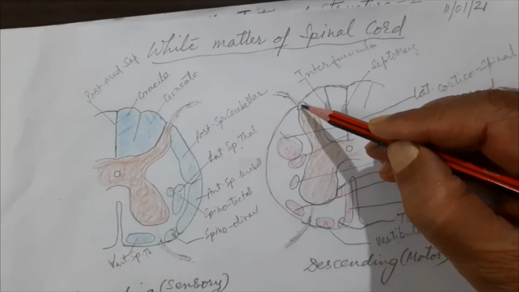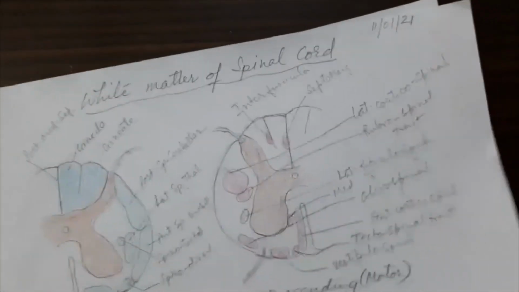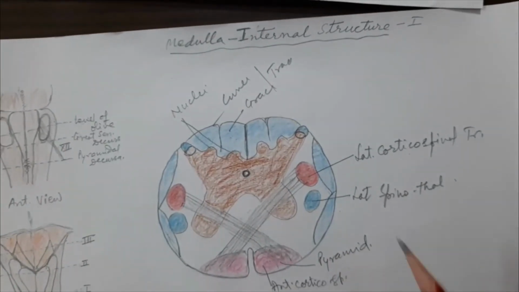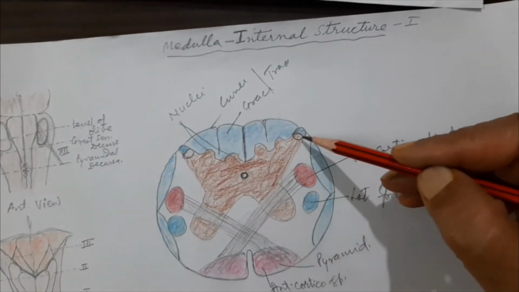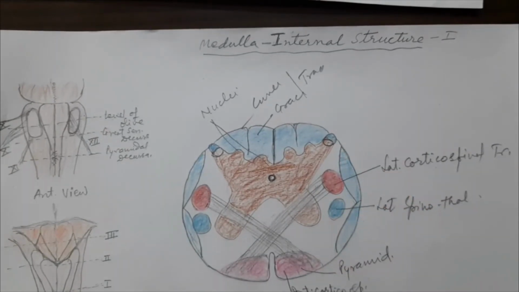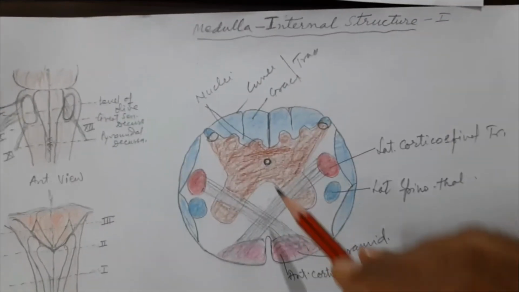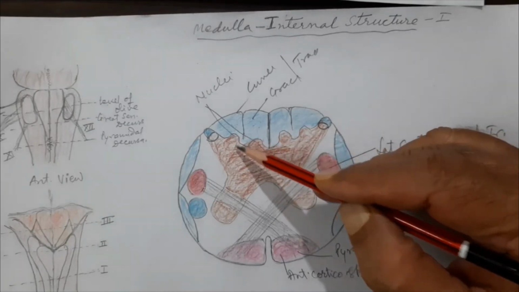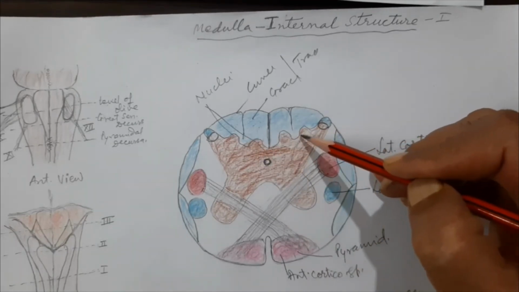Below, it continues with the substantia gelatinosa, which is present at the tip of the dorsal gray horn. So it is in upward continuity with the substantia gelatinosa of the spinal cord.